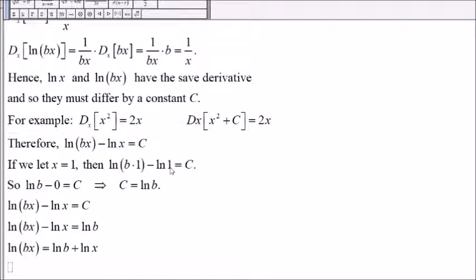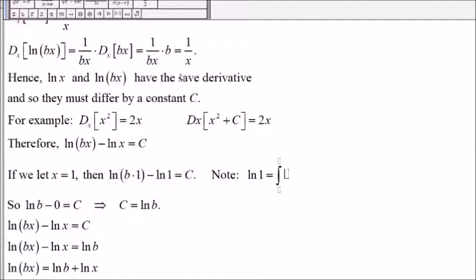But ln of 1 is the area of the integral from 1 to 1 of 1 over t dt.